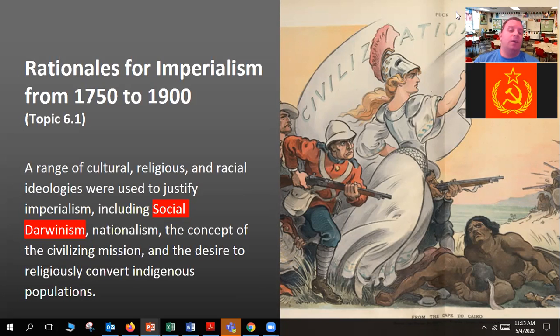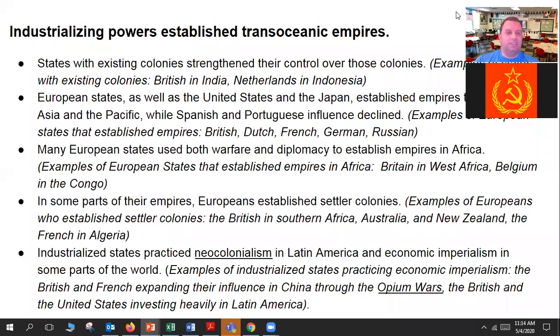Okay, we talked about the civilizing mission, which is like the white man's burden, that it's their duty as the more civilized nation to go about and convert these lesser groups of people. And then, of course, we know that there is a religious motivation behind this. Okay, there is the desire to convert these people from their native faiths or from their native beliefs to Christianity, obviously.